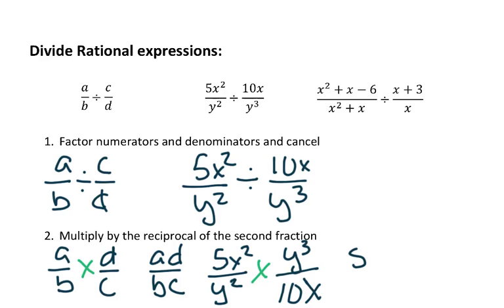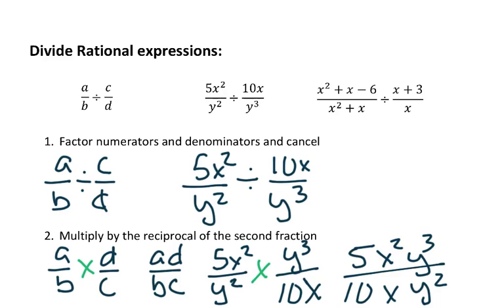It is 5 times x squared y cubed all over 10x y squared. And then I would simplify this further.